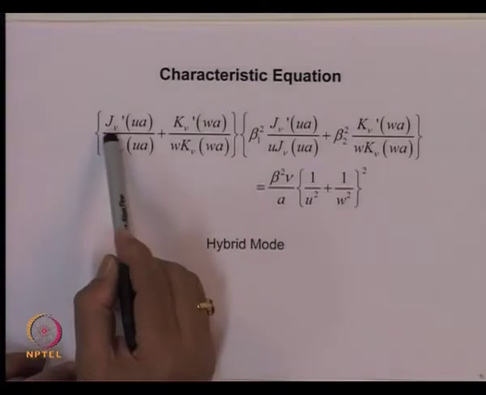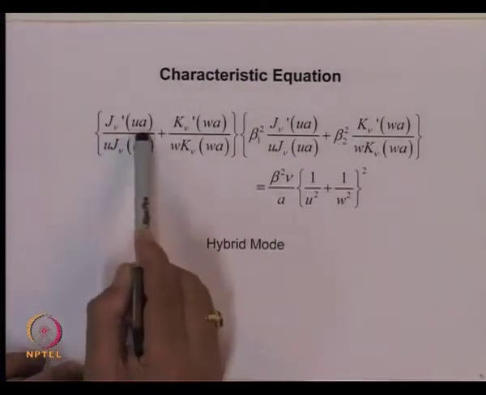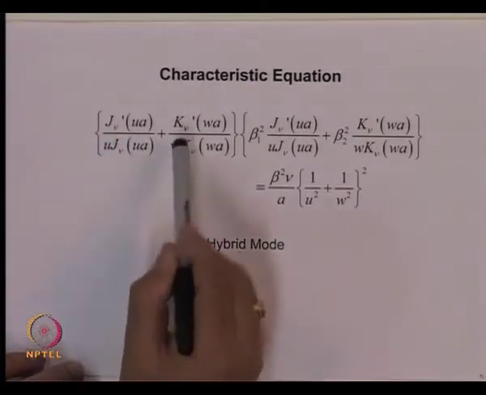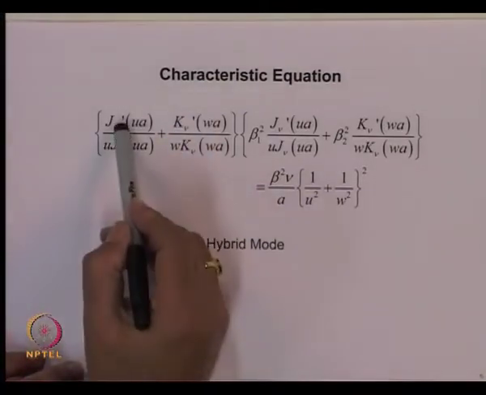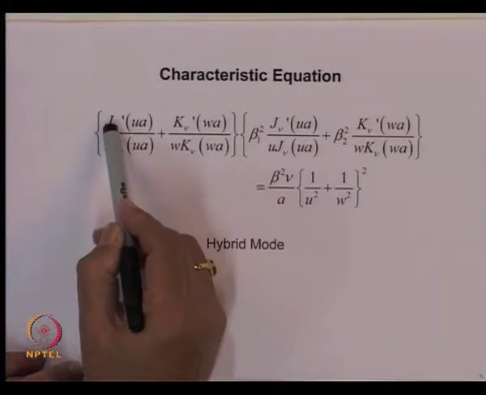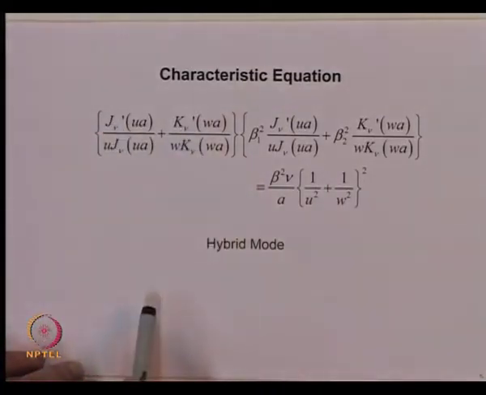Here you have this quantity J nu prime (u a) and K nu prime (w a), where the prime denotes the derivative of the Bessel function or modified Bessel function with respect to its argument.